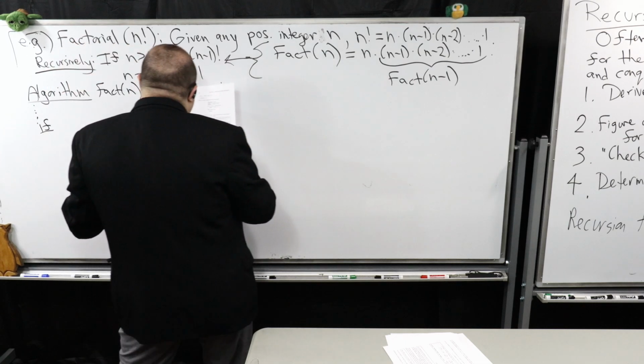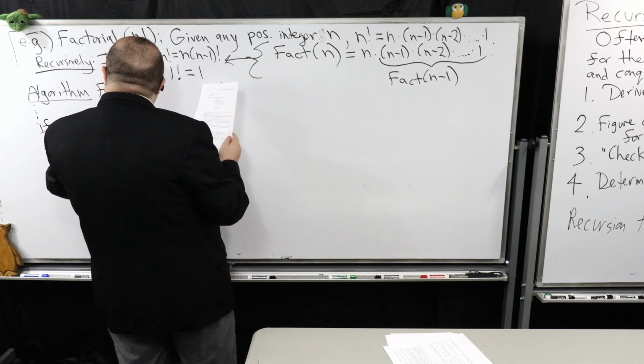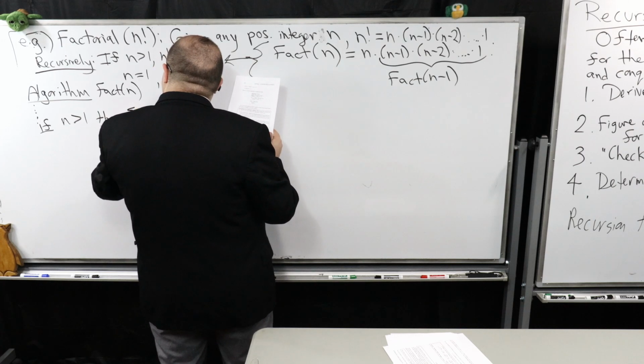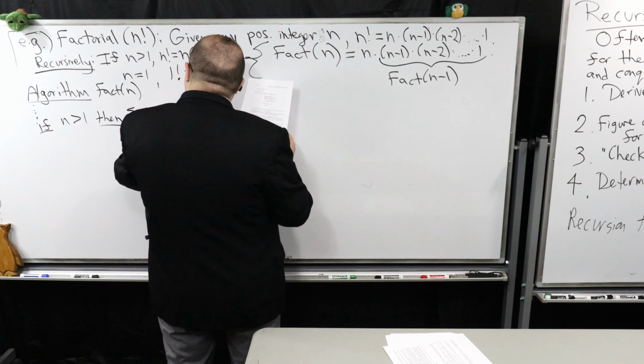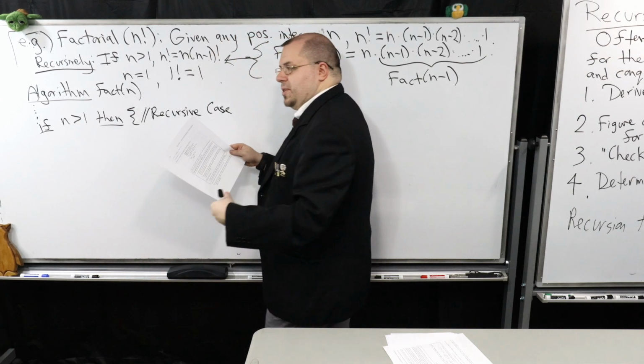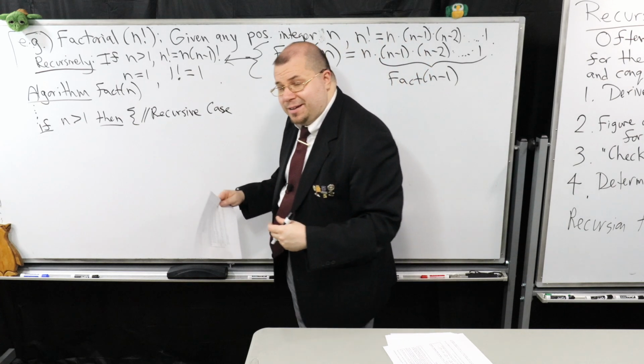So if n is greater than 1, then you know right away that this is the recursive case, right? You can think of recursive algorithms naturally in terms of a recursive case and base cases, or potentially more than one base case.